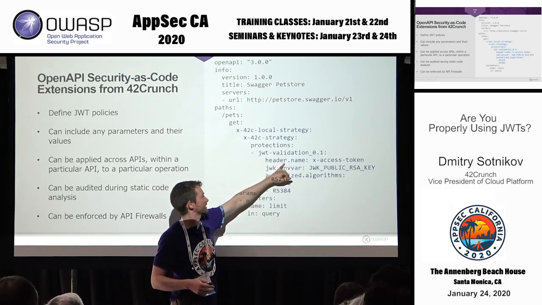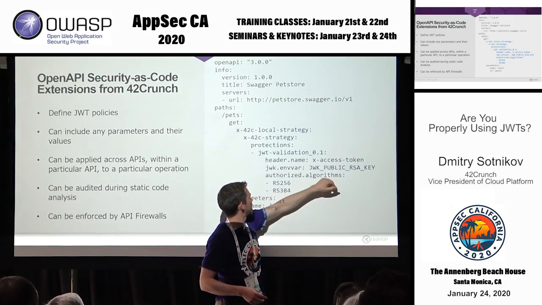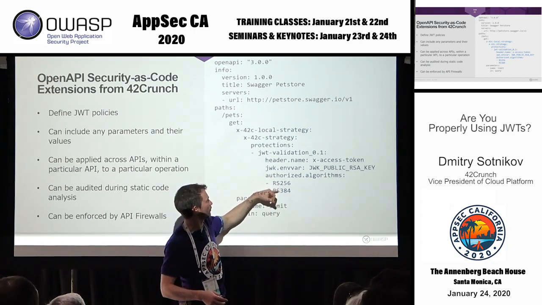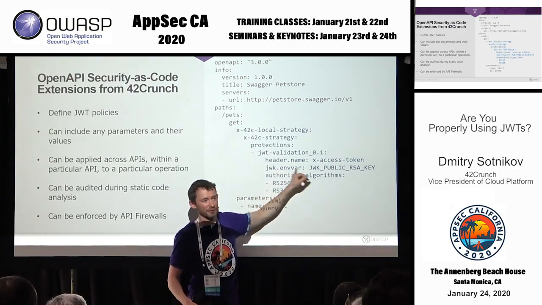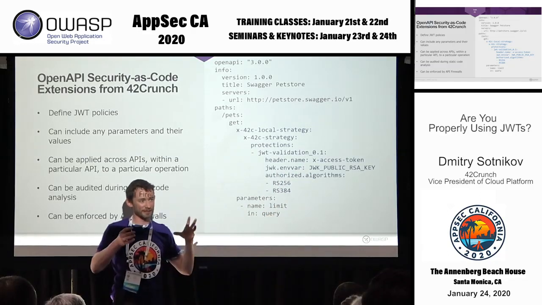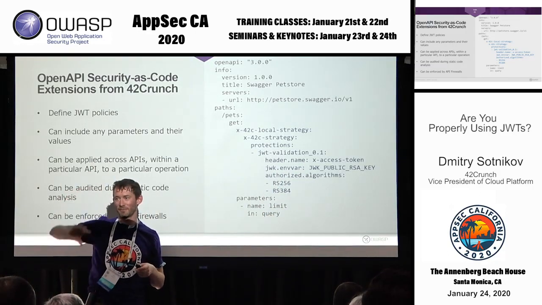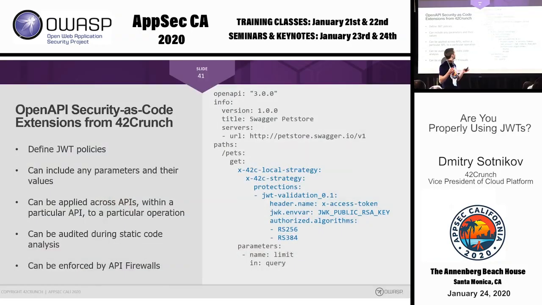The JWT is going to be passed as a header access token. It needs to use RSA only, that algorithm, or one of these two. And the key to verify that would be in the environment variable, that name, and so on. So the idea is that you can externalize the checks by having them within the API itself. It's kind of a security as code approach.